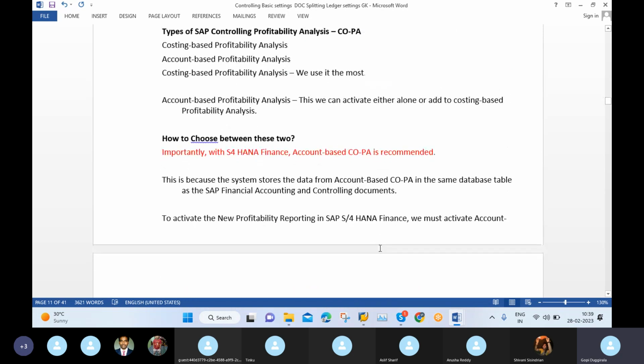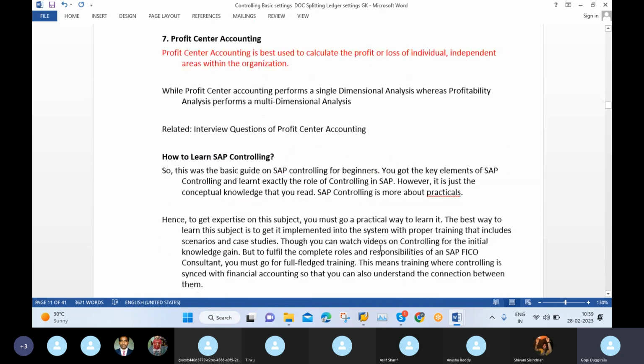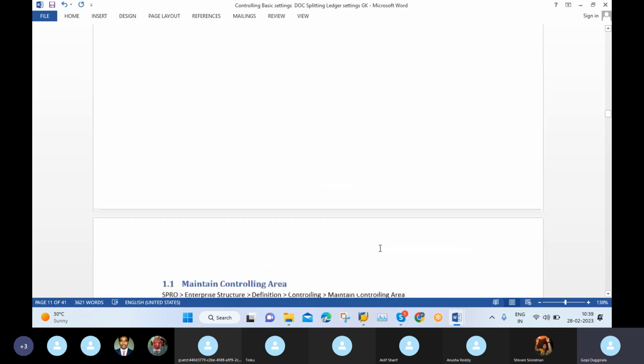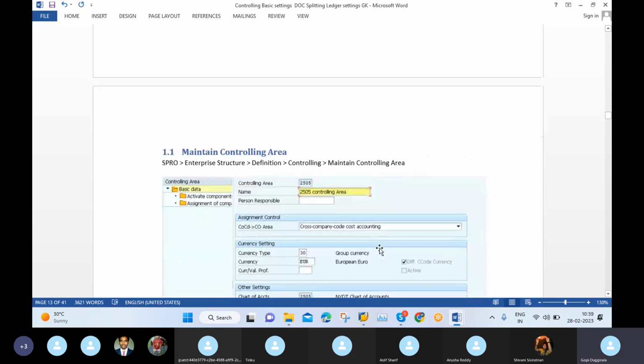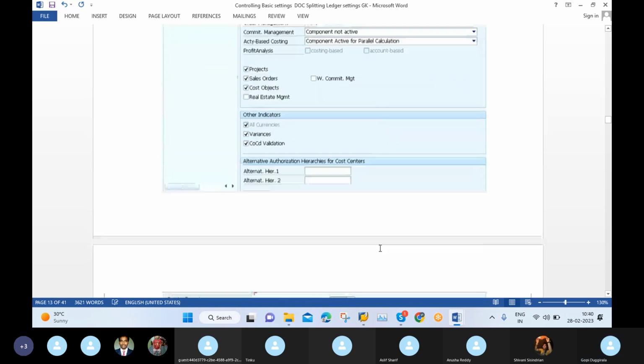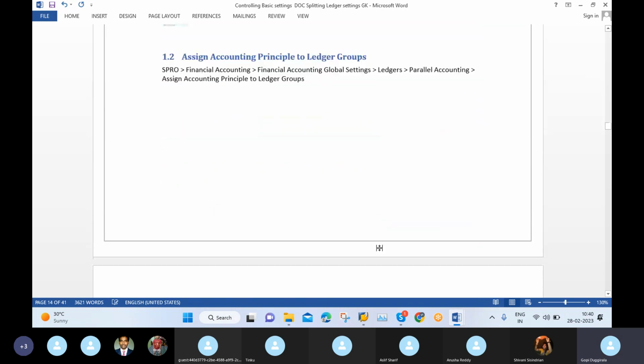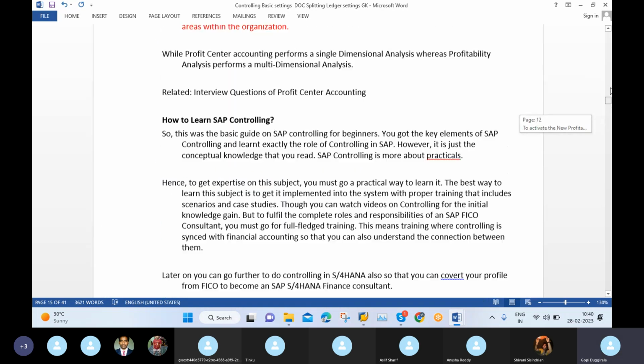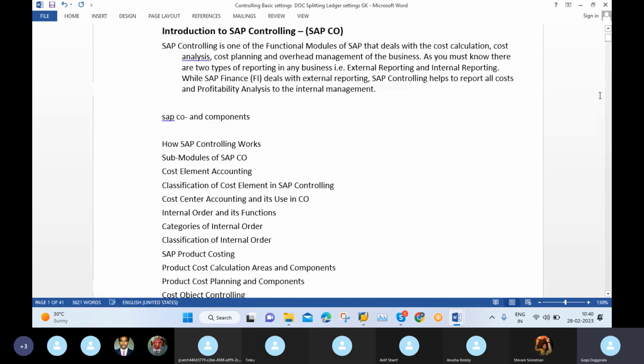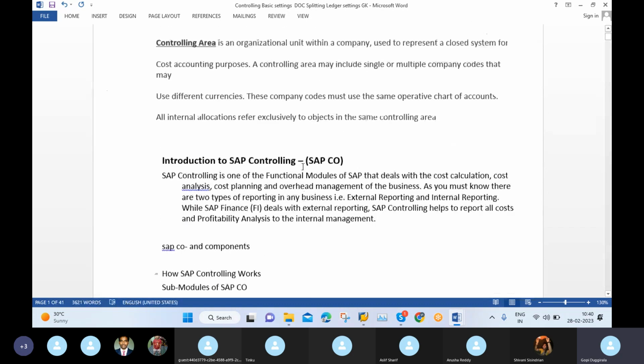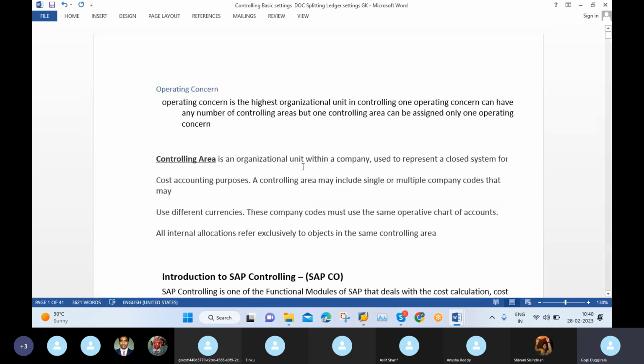From tomorrow onwards, we can go with the configuration part. So from this area, maintaining controlling area and all. Okay. Please try to understand what is the necessity of the controlling module in SAP, what are the sub modules in controlling, what do you mean by operating concern, and what do you mean by controlling area.